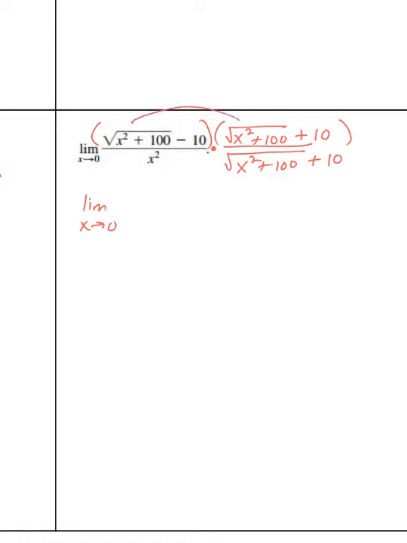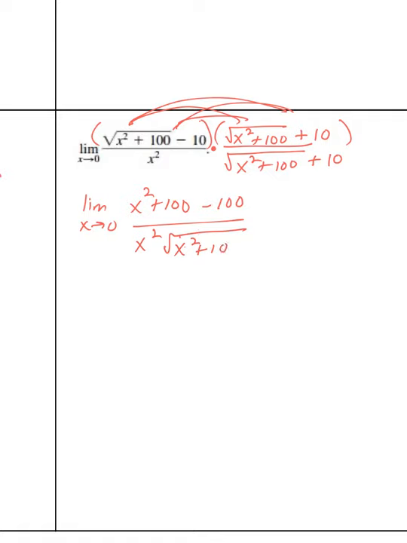Okay, so first times first. The outer and the inner cancel, which is the beauty of the conjugate. Last times last, negative 100. So now on the bottom I have x squared times the square root of x squared plus 100 plus 10.